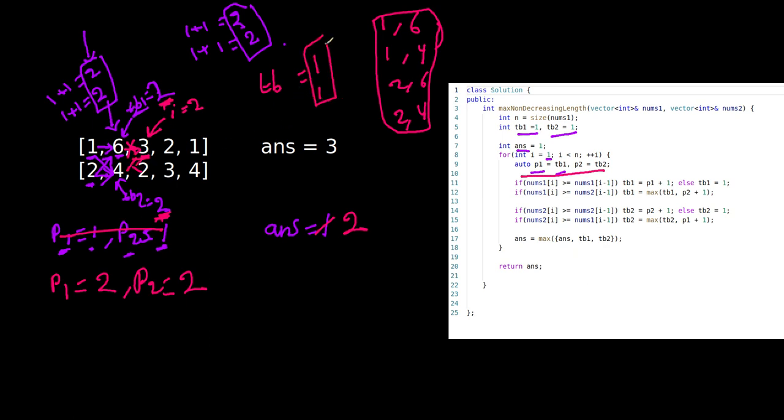The maximum of these is 1, so tb1 at i equal 2 is 1. tb2: from 6 to 2 we cannot go, so we have 1.